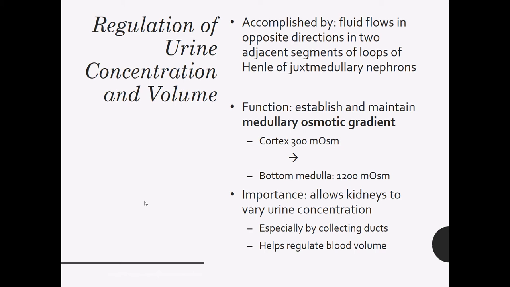And so we have this gradient in the interstitial fluid of the medulla that allows particularly your collecting ducts to regulate how much water gets reabsorbed, which then varies the concentration of the urine and helps us regulate our blood volume.